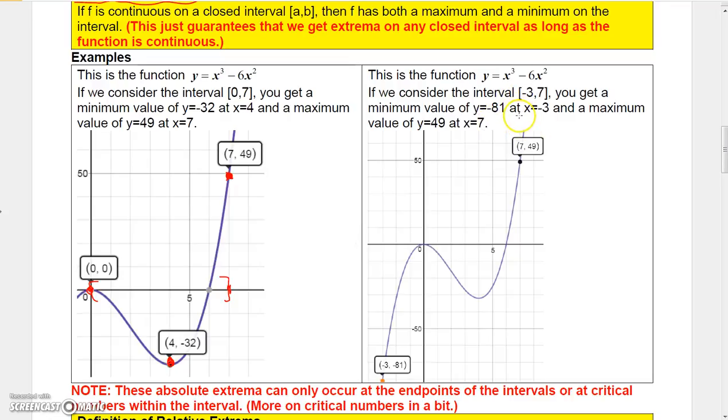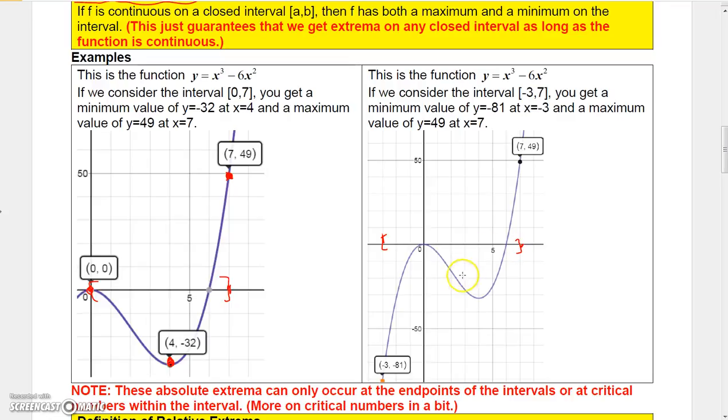Now here I want to look at this function, and I'm only going to consider the interval from -3, so -3 would be right there, out to +7. Okay, so there's 7 right there.